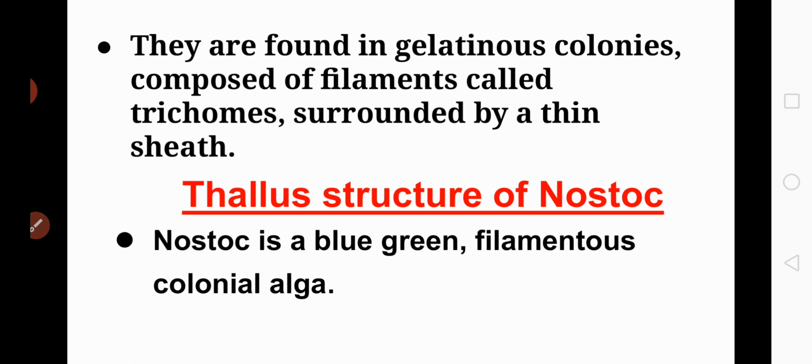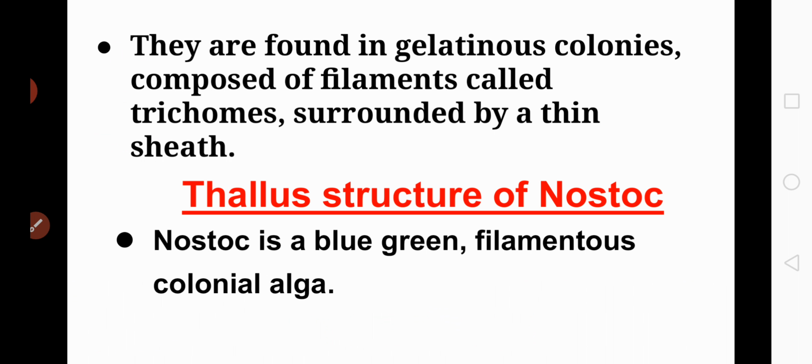They are found in gelatinous colonies, that means outside the thallus it contains a slimy layer. The colony of these Nostoc is composed of many filaments, and this filament is called the trichome, and each trichome is surrounded by a thin sheath. Is that clear?